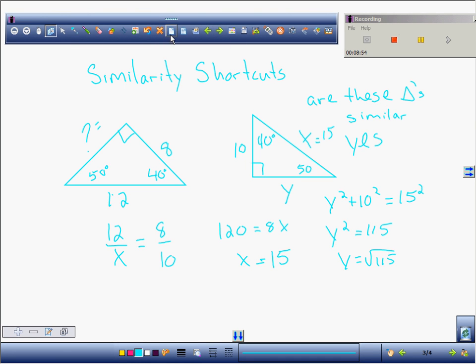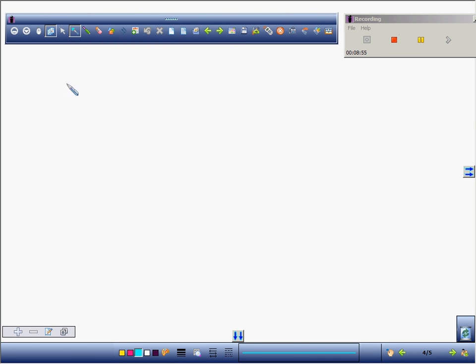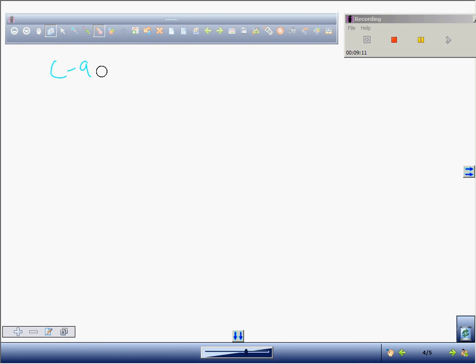So going back to new sheets, okay? Conjecture C94 says, what does it say? If three sides of one triangle, no, that's C95, sorry.